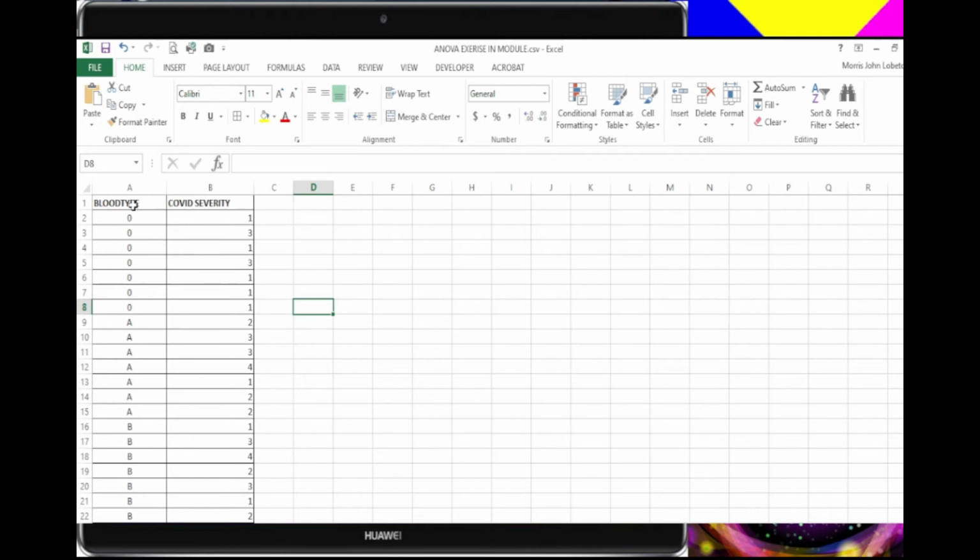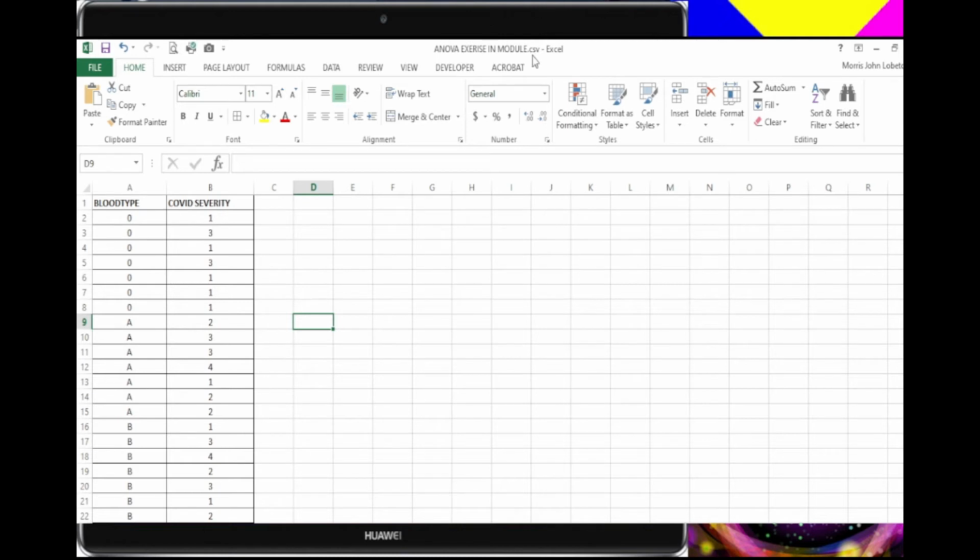For blood type, just code it: blood type O, blood type A and B. Then COVID severity level. After you set this up, you can now save it as a CSV file.